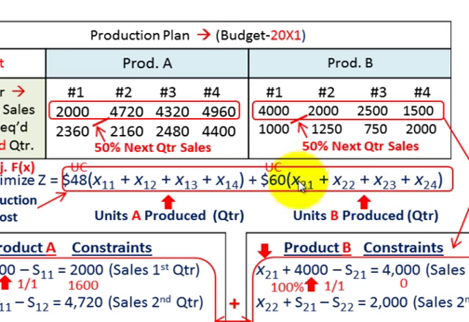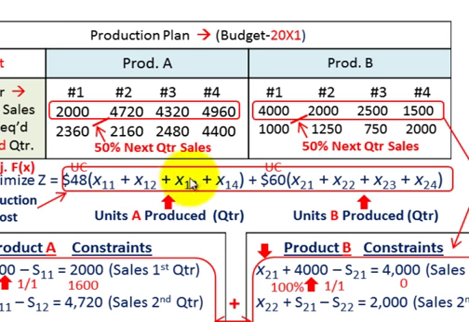This is what we're trying to solve for, the number of units we produce by quarter. I had X11 before, here it's X21 plus X22, plus X23, plus X24. So you have to index it into your linear program in some fashion to identify the number of units you're going to produce for product A and product B.